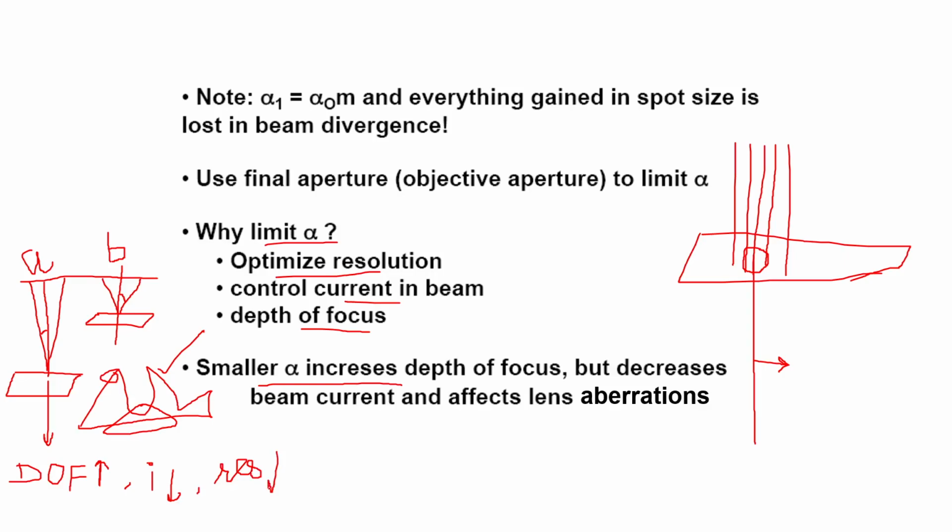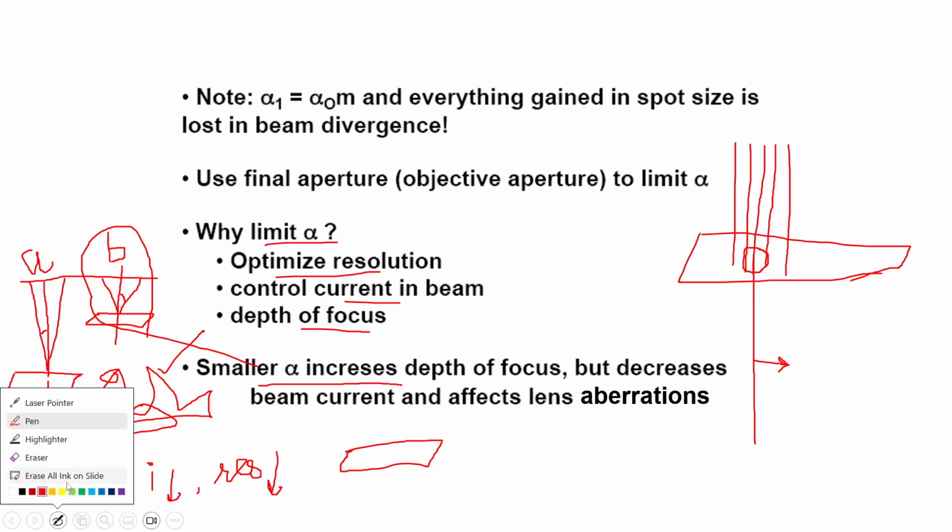So depending upon the information you require, if your specimen is rough, you need a higher depth of focus, so you require a lower alpha. But if your sample is much smoother and you want to study it more clearly, you need high resolution. In that case you will follow case B, where you will have a higher alpha. I think I have made myself very clear over here. Is there any doubt? Then let me know.